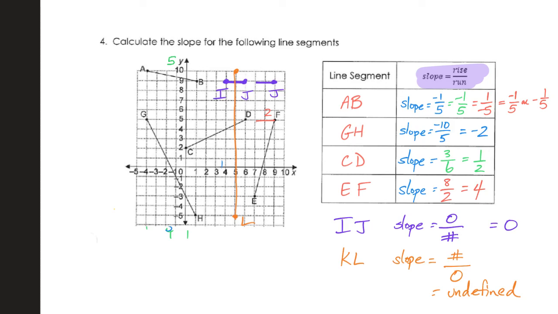I still have a run of 0. And so anytime I'm dividing by 0, then I get my undefined. So I would hope that anytime you saw a horizontal line, you would go slope of 0, and that anytime you saw a vertical line, you would go undefined. But we do have the means to be able to calculate it as well.